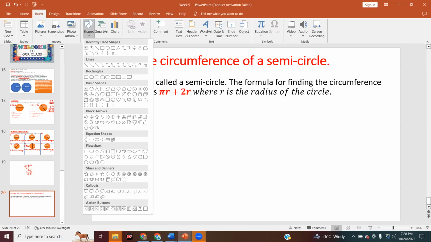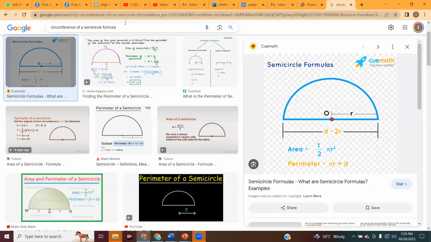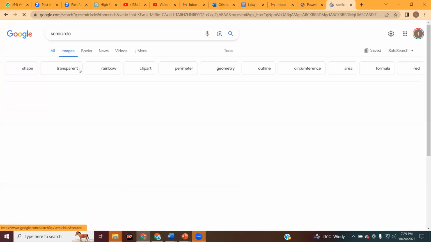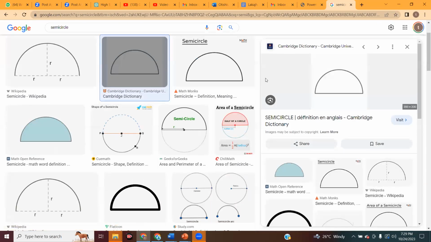Let's see if we have any semicircle shapes. I don't see none. So let me go online to find a semicircle. A semicircle, like I said, is half of a circle. And so we could use something like this.